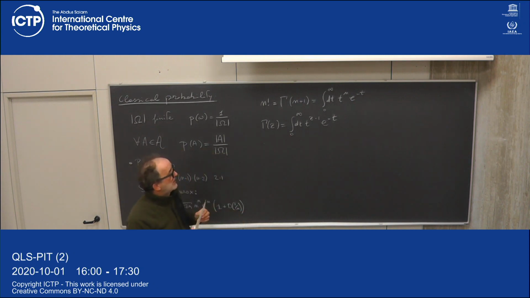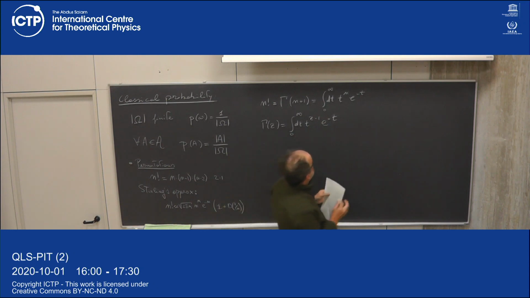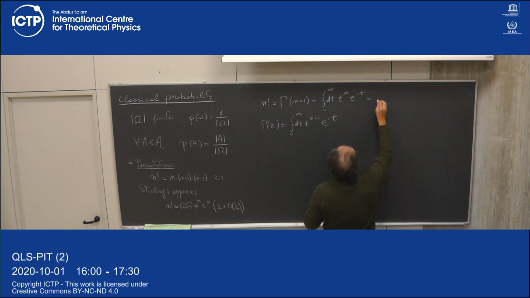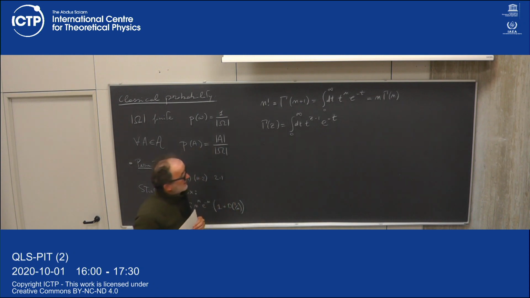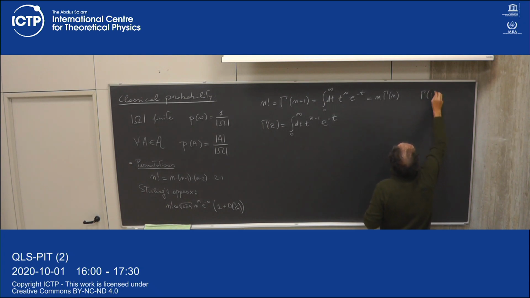And now if you do integration by parts on this integral, what you find is that this is equal to n times gamma of n. And if you take n equal to 0, what you find is that gamma of 1 is equal to 1.